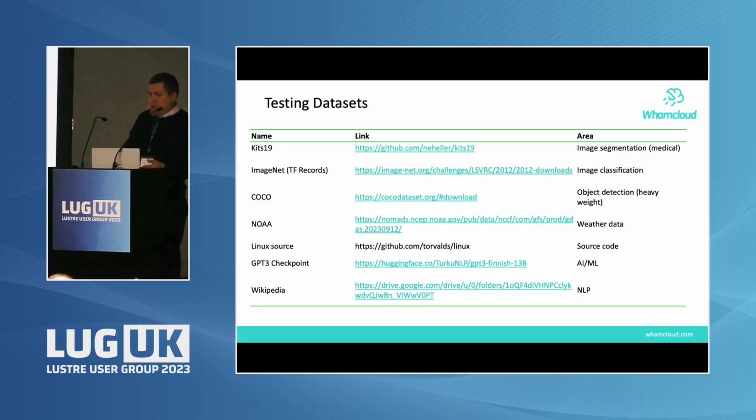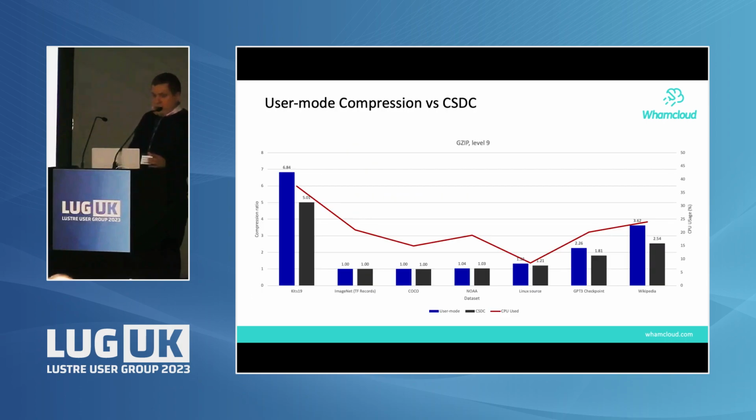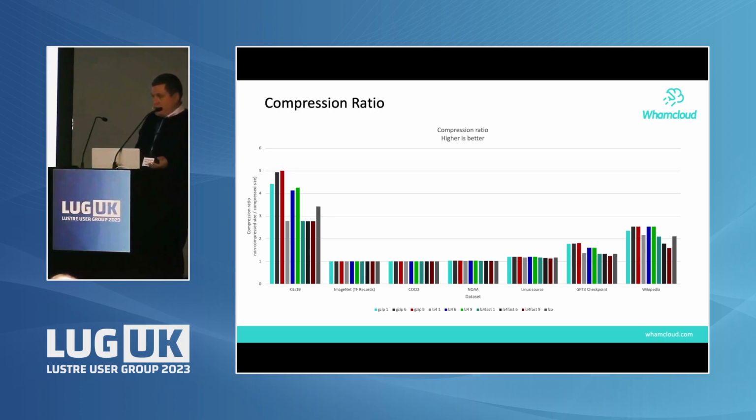So we tested it using sets of data of different kinds. First of all, we compared with simple compression in user mode and got quite the same results, but with the cool Lustre features. The compression ratio depends on the data source.